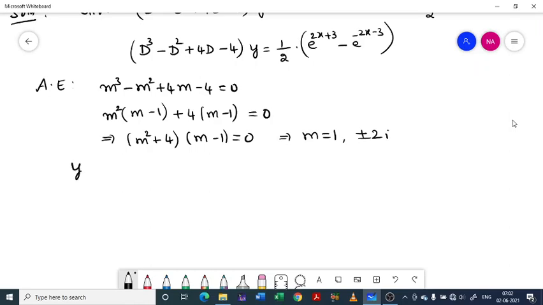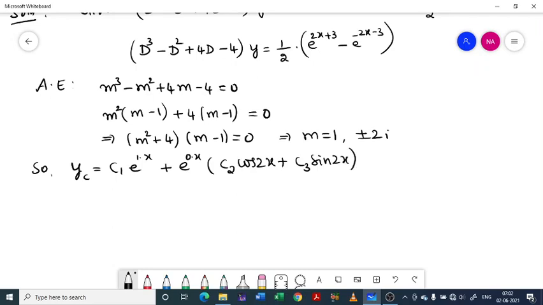So yc will be c1 e power 1 into x plus, real part is 0, e power 0 into x times c2 cos 2x plus c3 sin 2x.